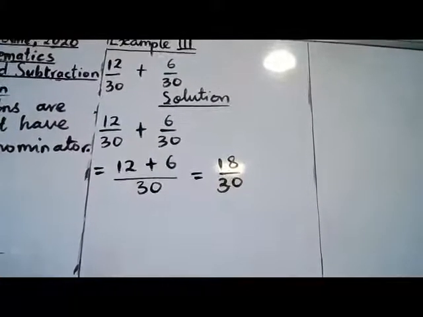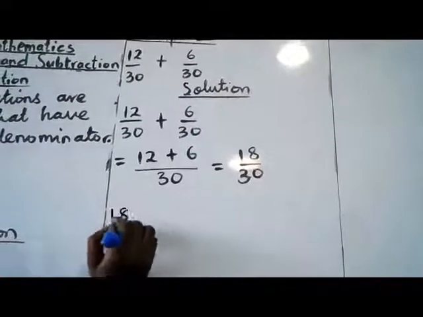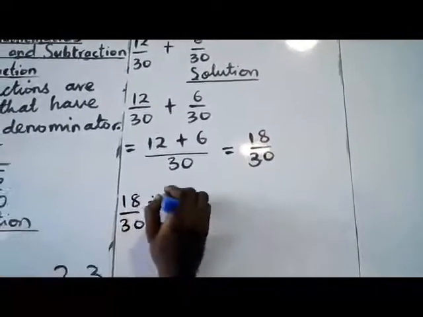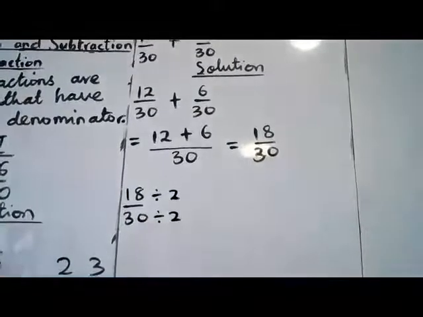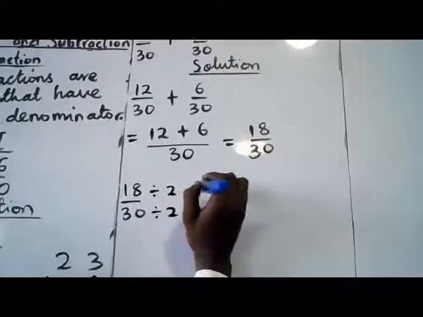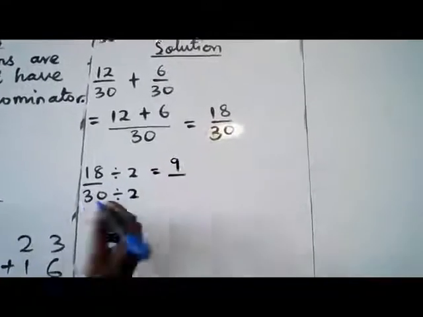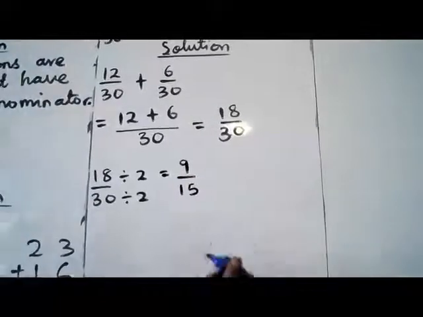So we have 18/30: 18 divided by 2 and 30 divided by 2. 18 divided by 2 will give us what? 9 over 30 divided by 2 will give us 15.